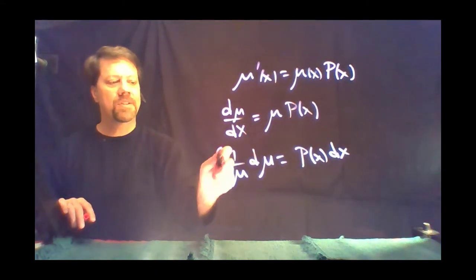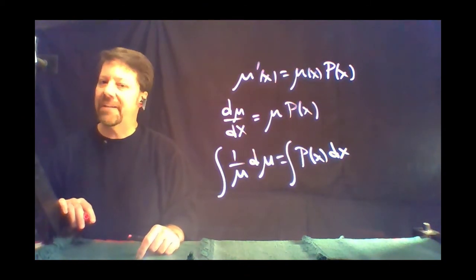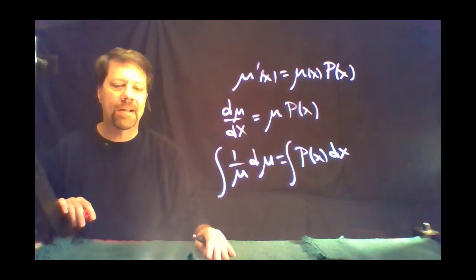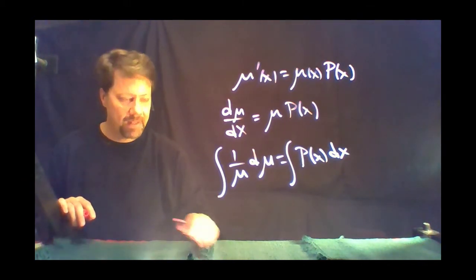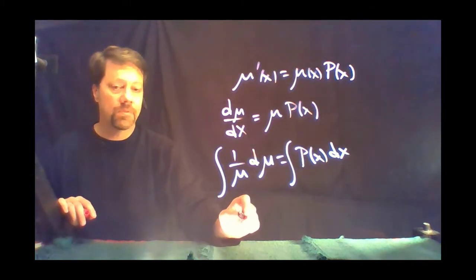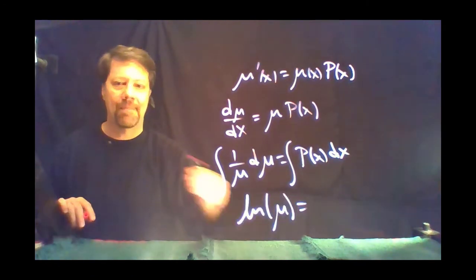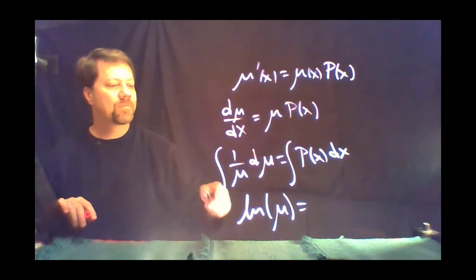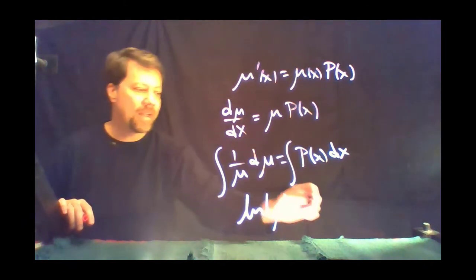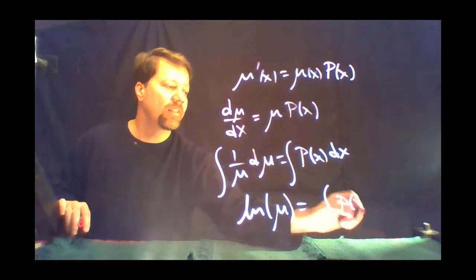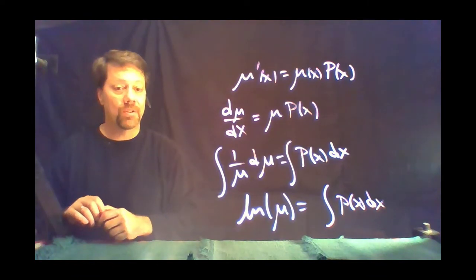From here we simply integrate both sides. It turns out for integrating factors you never need to worry about absolute values or the plus c. There are good reasons if you go through the train of thought of what happens with an integrating factor. But we can write the left-hand side as the natural log of mu, and the right-hand side is just the integral of p of x dx, which we can't reduce any further since we don't know some specific function p of x.